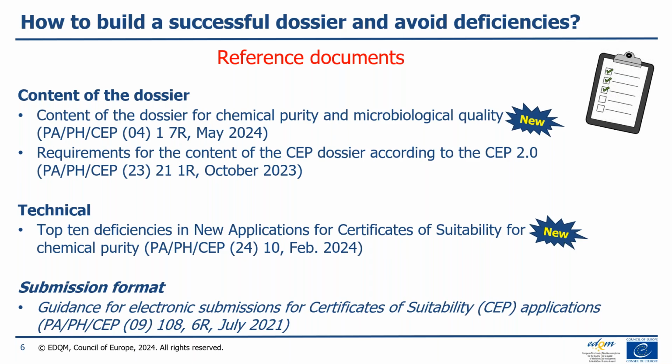And last but not least, we also have a document which explains in detail how you should set up your submission in terms of format, which is the guidance for electronic submissions for certificates of suitability applications. Here you can find more information relating not to scientific content, but to the organization of your eCTD sequences, and how to replace them across the different steps of the assessment rounds.